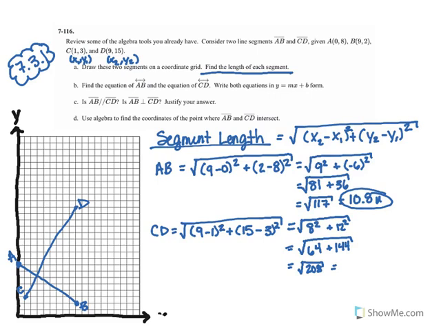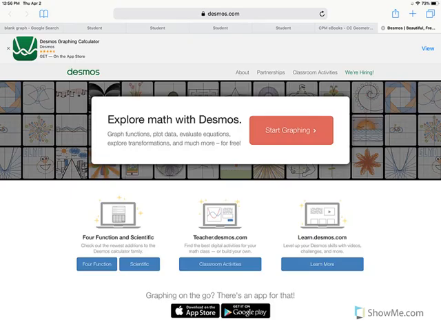And you can go ahead and put that in your calculator to get 14.4 units. So the first one is my length of AB, and my second one is my length of CD.